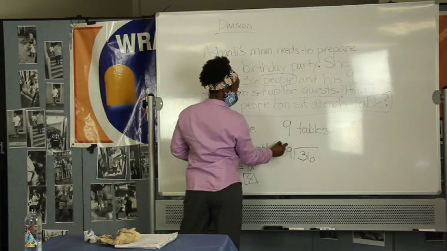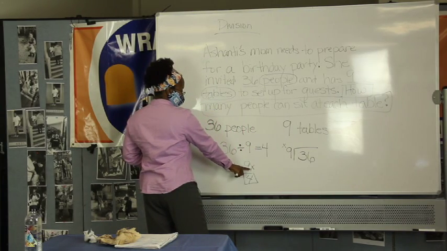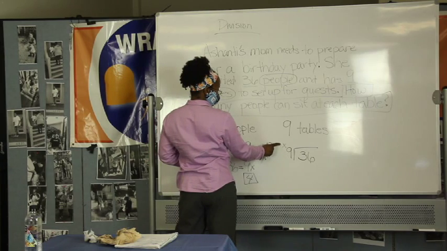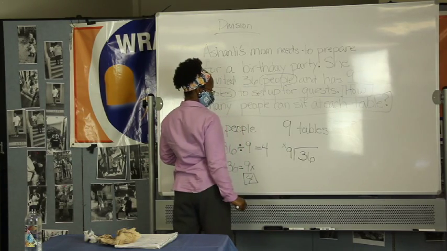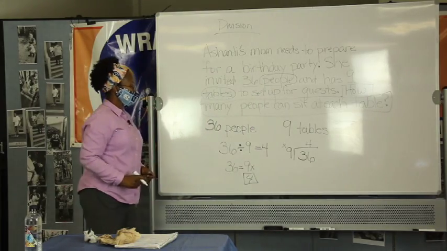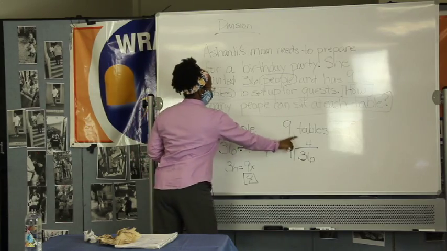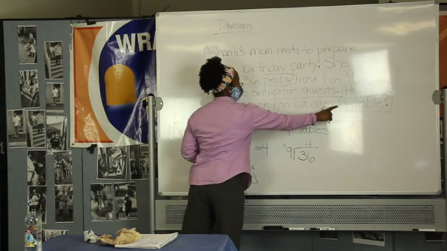And you can do the little multiplication sign out here to remind you about the math fact on the outside, and it will be 4. So we know that 4 people can sit at each table.